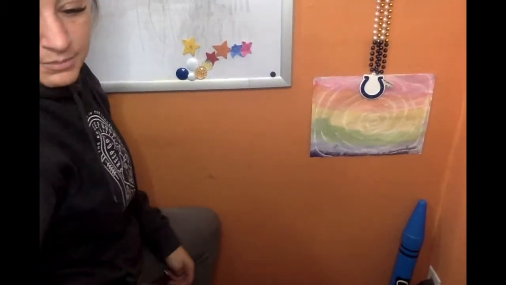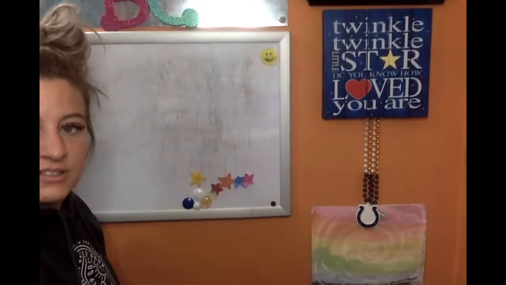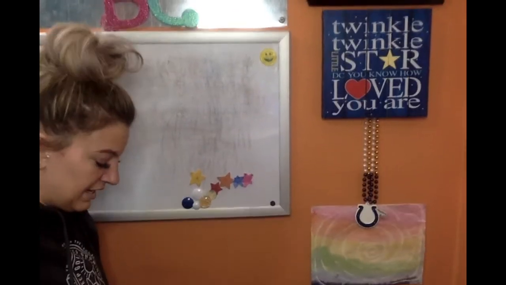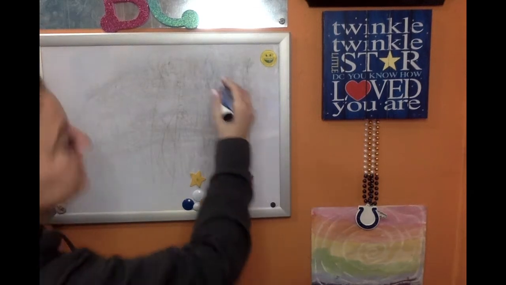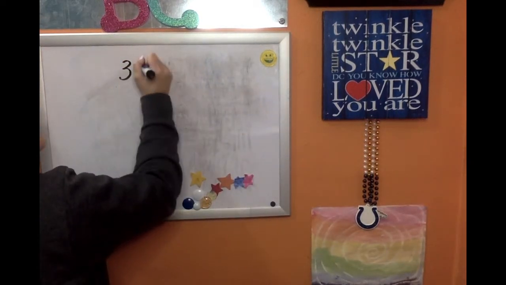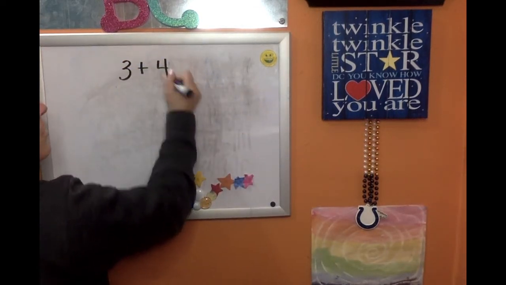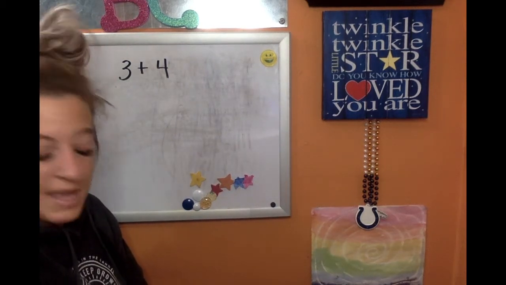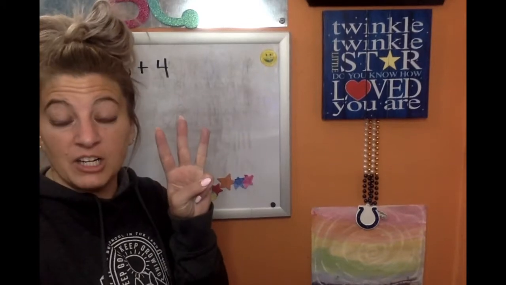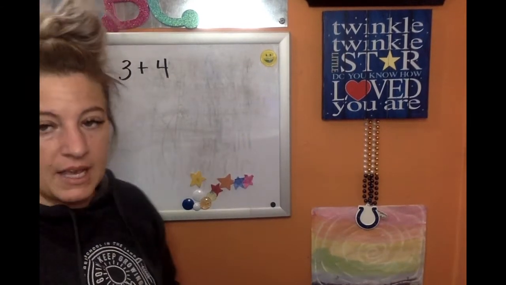Okay, number 3. Let's do the math problems. Let's turn this up right over here. Here we go. Our first math problem is 3 plus 4. What is 3 plus 4? I could use 3 fingers and 4 fingers and add them together.